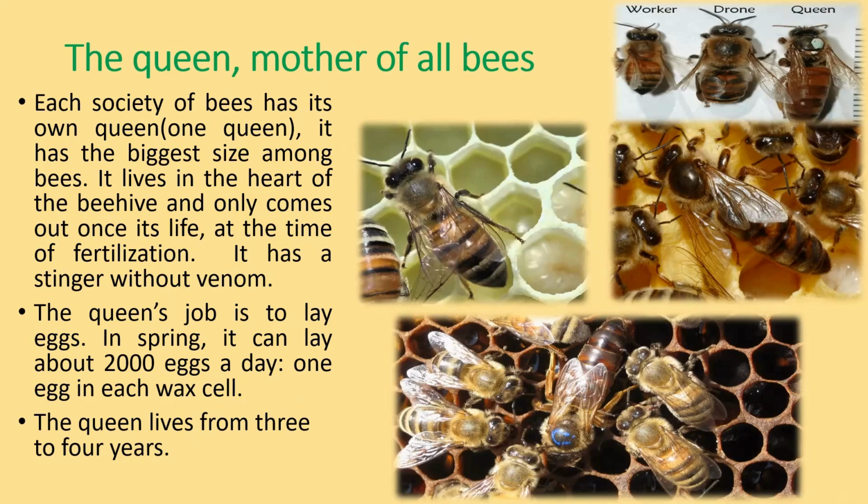In spring, it can lay about 2,000 eggs a day, one egg in each wax cell. The queen lives from 3 to 4 years. If you look at these pictures, you will see here the wax cells. In each cell, the queen lays one egg.